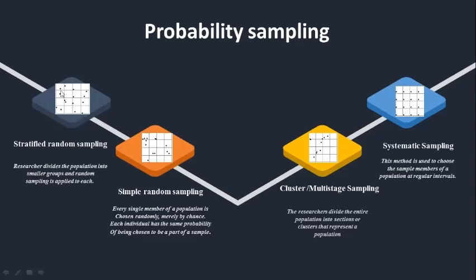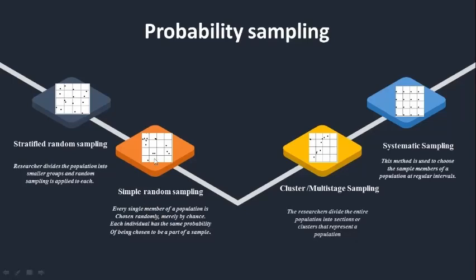So that is stratified sampling. First you divide it into various strata, and then you select from those strata randomly.